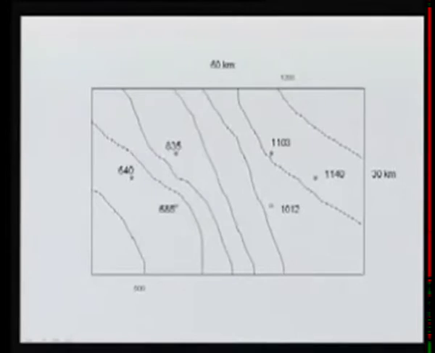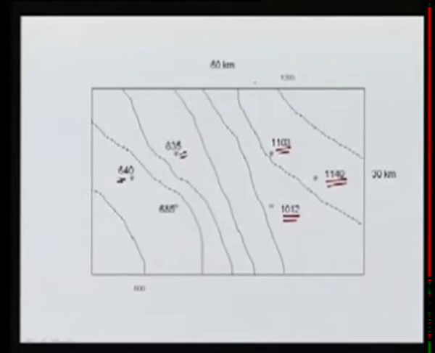But the method which is the most accurate is the isohyetal method, in which, based on the values at stations, so for example this is 640 and this is 835, 1103, 1012, 1140, we can draw lines which have equal precipitation depth.